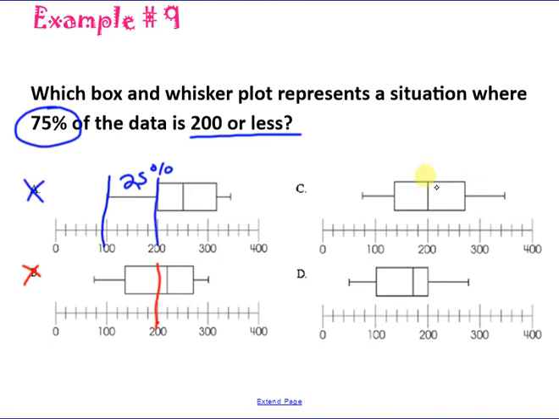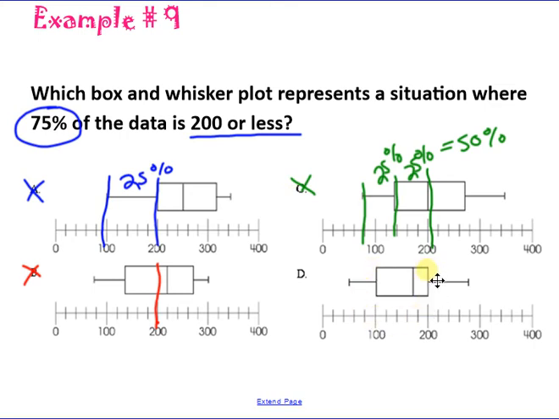Let's go to C. Okay, so 200 sits on the median. So from here to here is 25%, and then from here to here is 25%, and here's 200, so 25 plus 25 is 50%. Is that what we want though? No, we want 75%, so that's wrong.